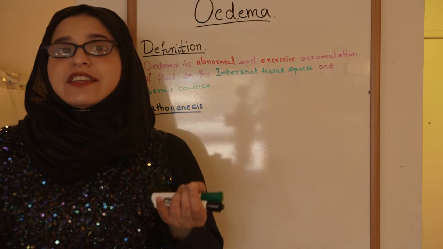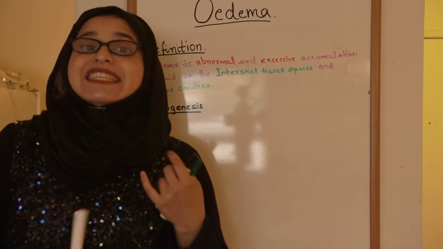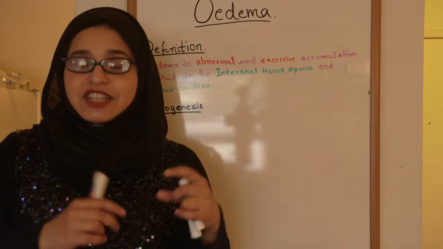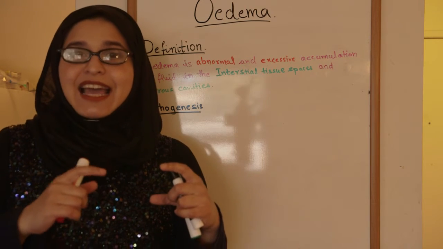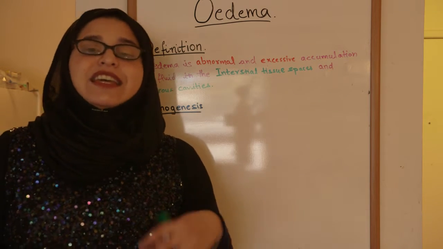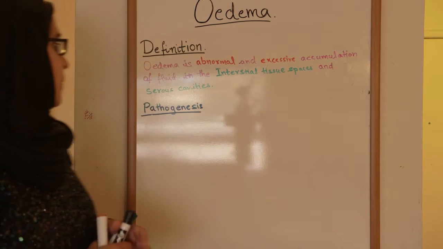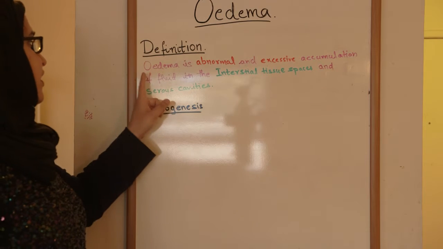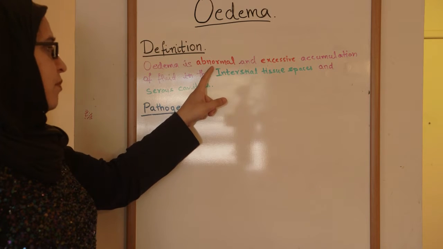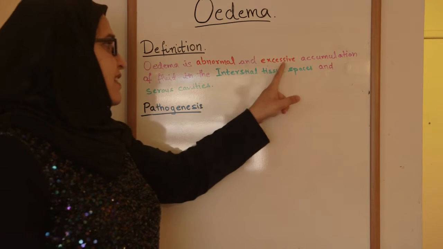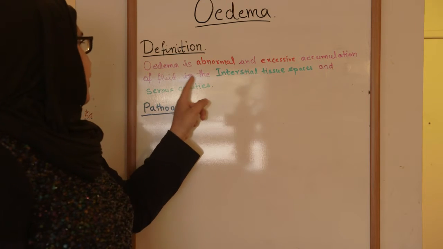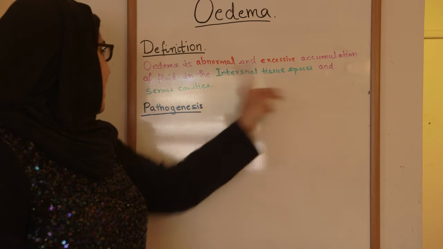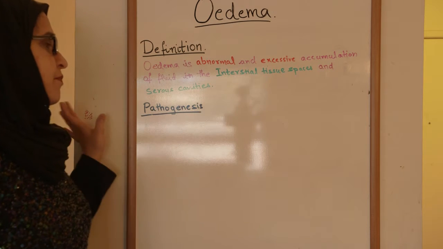Whenever there is an abnormal and excessive accumulation of fluid in the interstitial tissue spaces and the serous cavities, it leads to edema. So you can see from this definition, edema is abnormal and excessive accumulation of fluid in the interstitial tissue spaces and serous cavities.